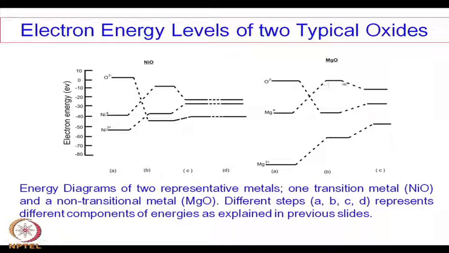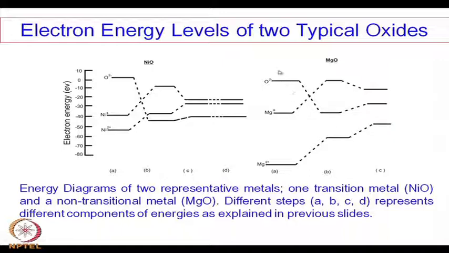Then there is a polarization. Because of the polarization, all these energies change: again the Mg+ will go down, whereas oxygen will go up and Mg2+ will also go up.